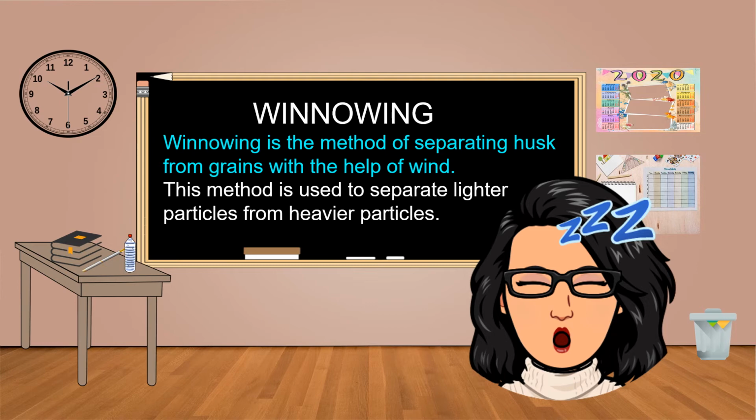Now you will find that the lighter husk particles get carried away by wind, whereas the heavier grain particles fall down vertically on the ground, forming a heap. Yes, this is the process. By this we can separate husk from grains.